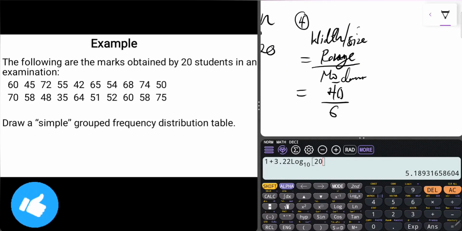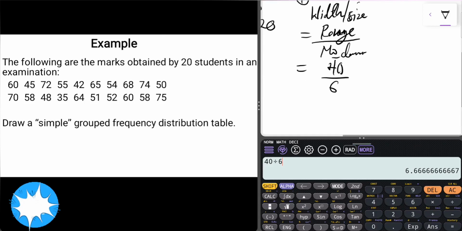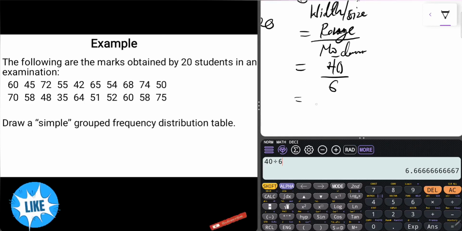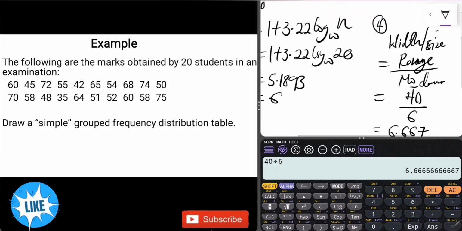So let's take our calculator. 40 divided by 6 should help us arrive at 6.667. So here too, we are going to round up.